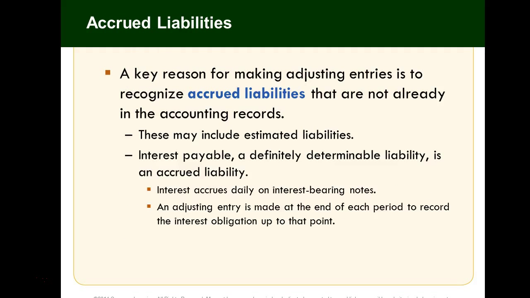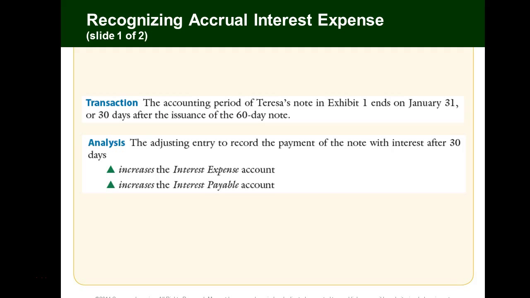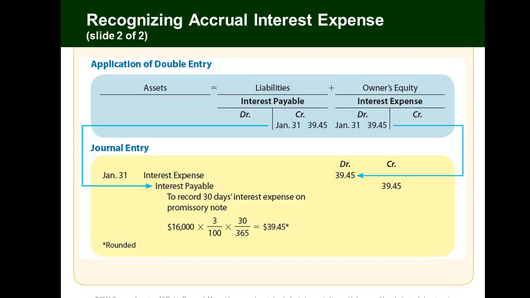What they're wanting us to do now is figure out on January 31st, or 30 days after the issuance of the note, we've got to accrue the interest she owes on that note.